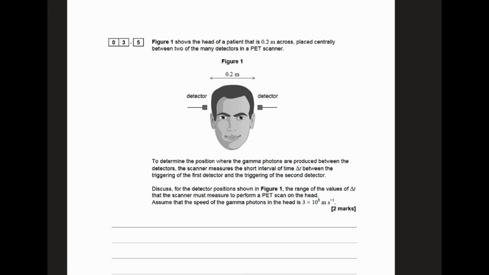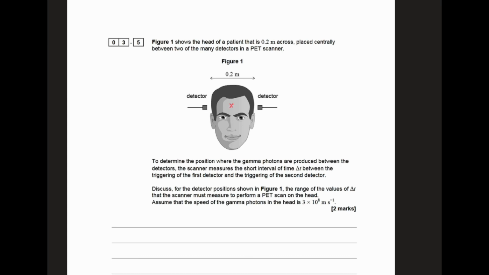So let's focus on this particular part, the delta t. Okay, delta t over here. Imagine, let's say I just assume that there is a tumor in the middle of the head.